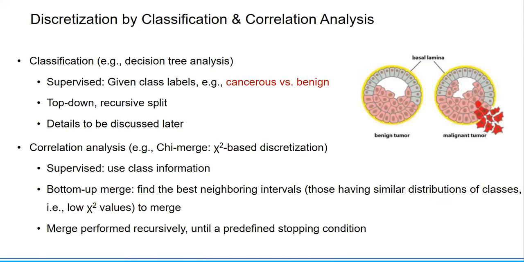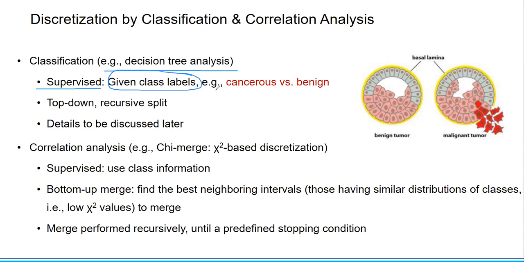So discretization by classification and correlation analysis can be useful for classification, for example, decision tree analysis. We call this supervised because we have the class label. The class label is something for our decision, a dependent variable.